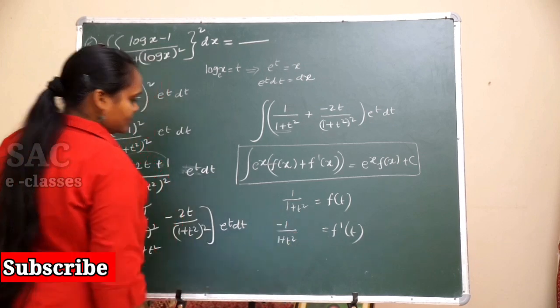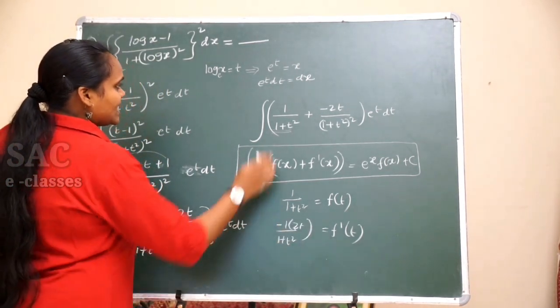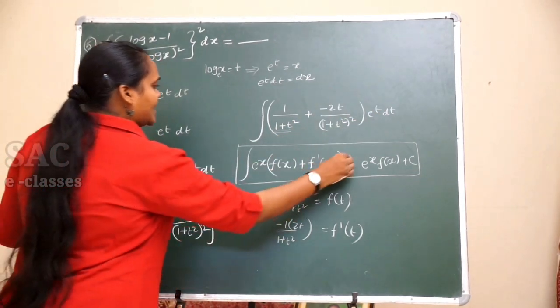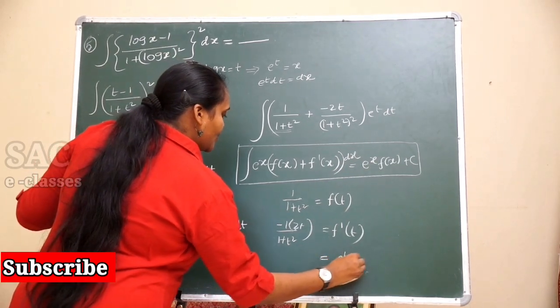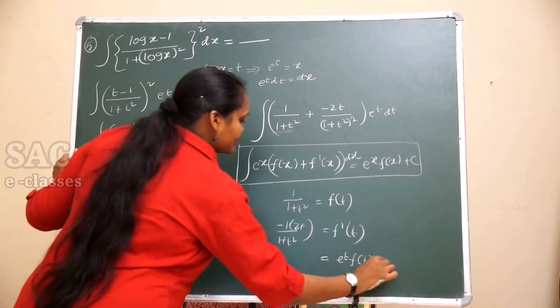That 2 minus t square differentiation is 2t. Yes, we got it. f of t plus f dash of t, e power t dt can be written as e power t into f of t plus c.